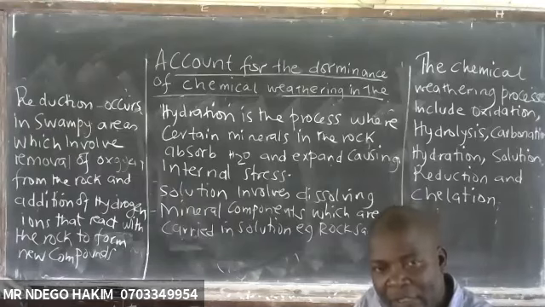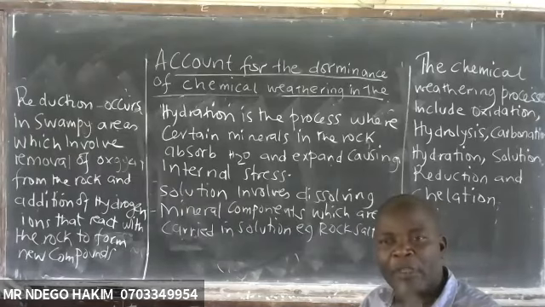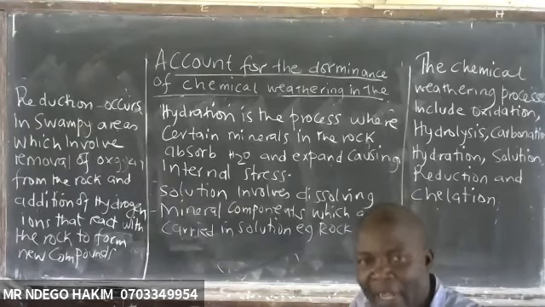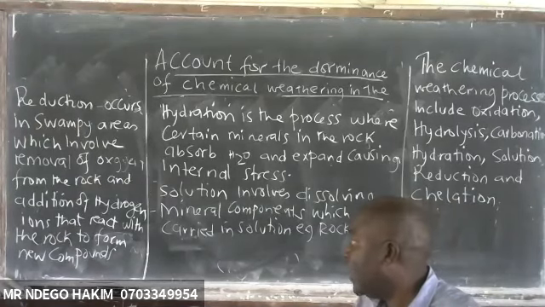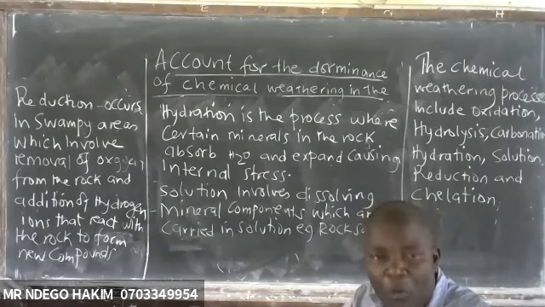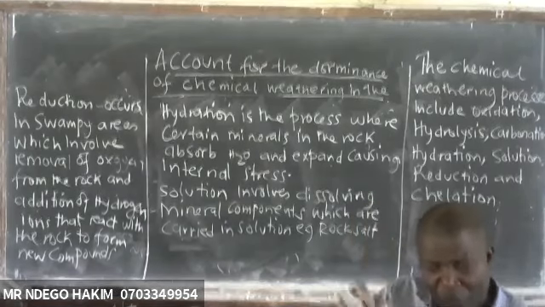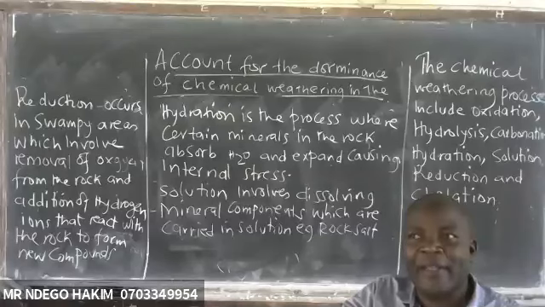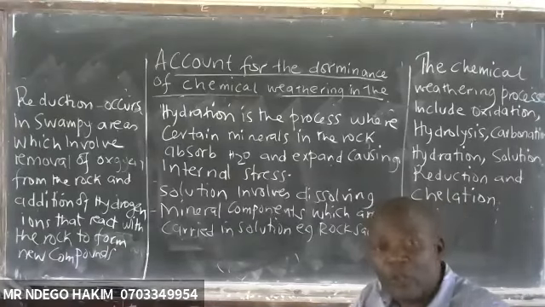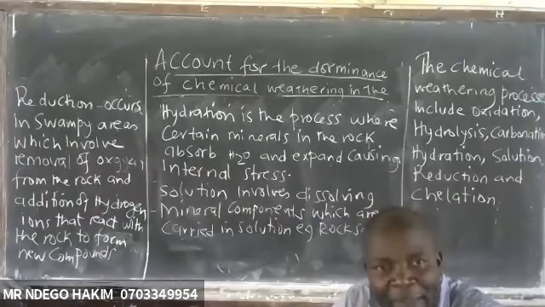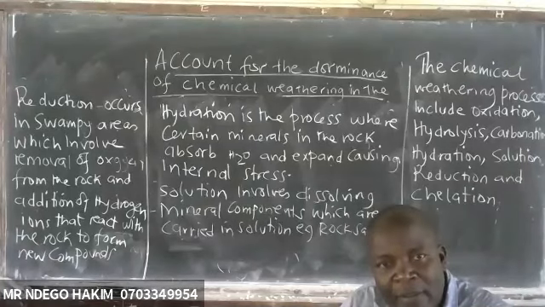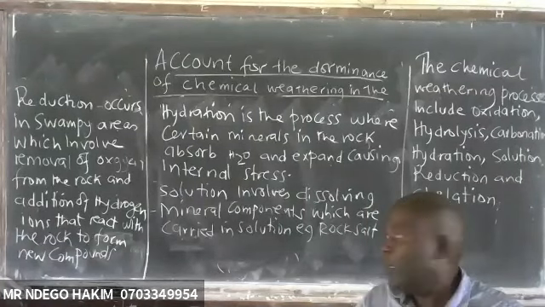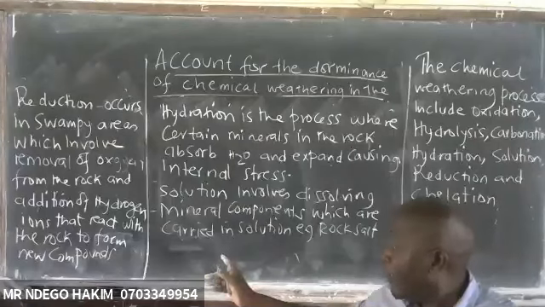Now, when oxygen is removed from the rock, instead hydrogen ions are added, and these hydrogen ions react with the rock to form new compounds. The moment oxygen is removed and hydrogen ions are added, then there is a reaction to form new compounds, and that's already a chemical weathering process. That is what we mean by reduction.